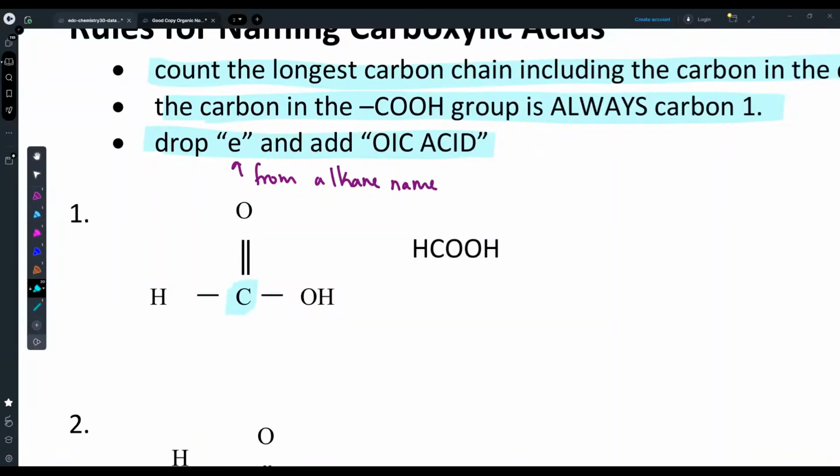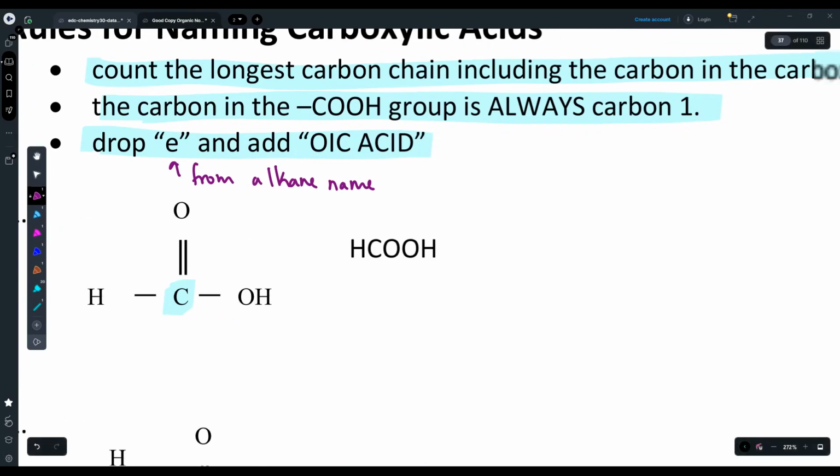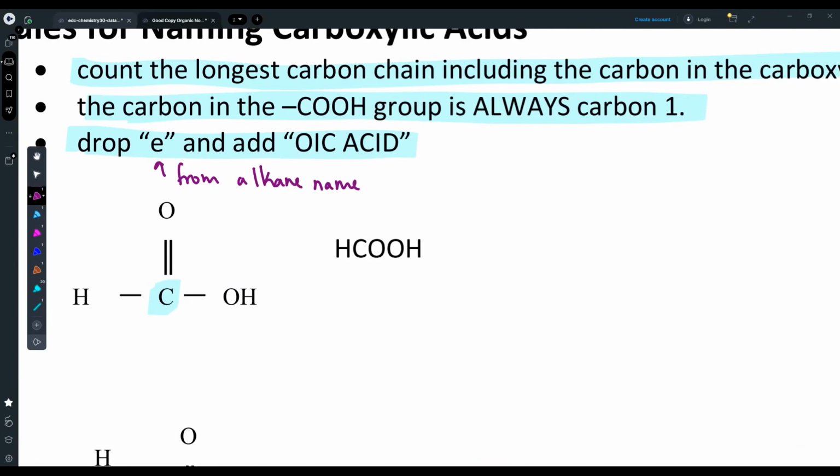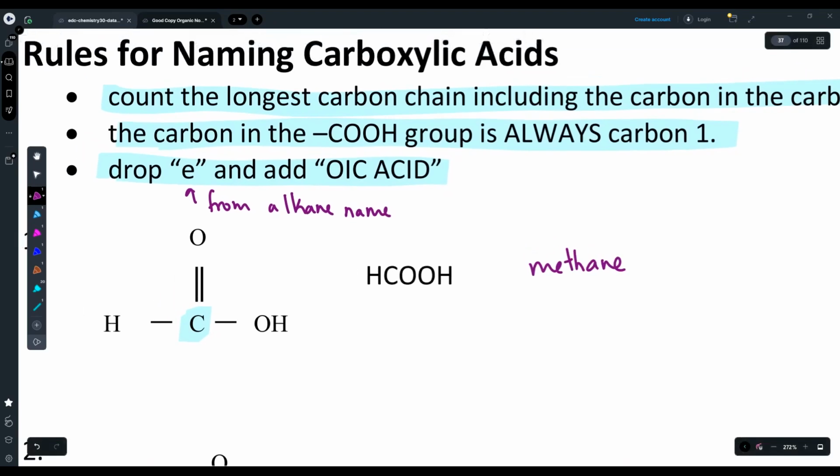Since there's only one carbon in our parent chain, the prefix that means one carbon is meth. At first we would start with our alkane name, methane. However, according to our rules, we've got to drop that E and then add in oic acid. So this is methanoic acid.